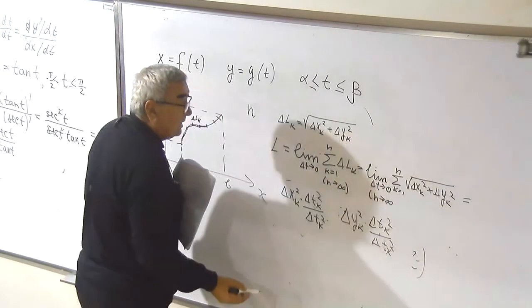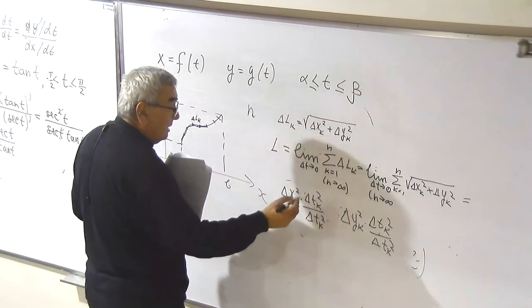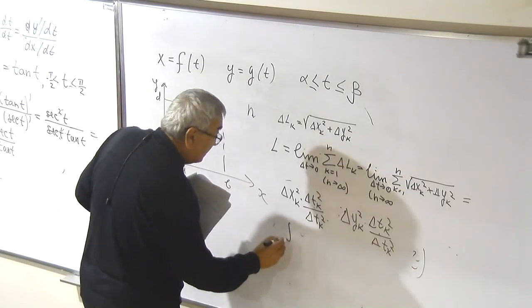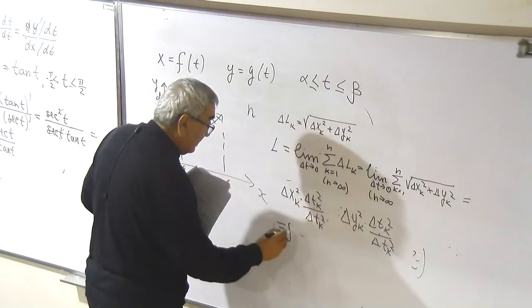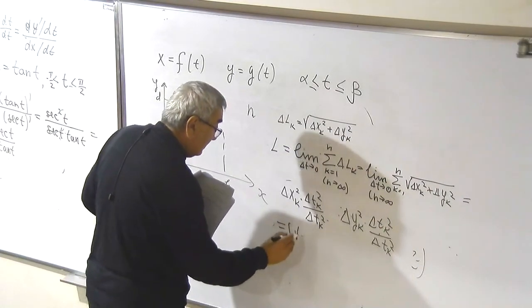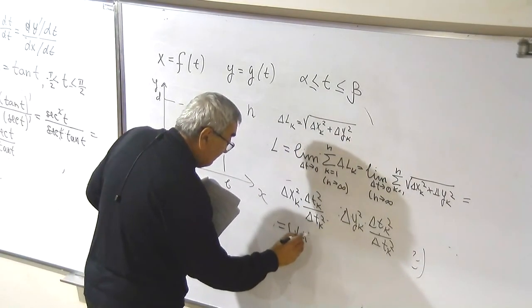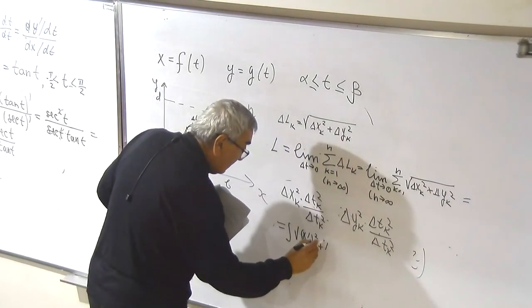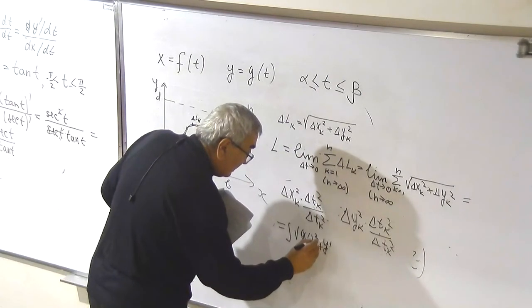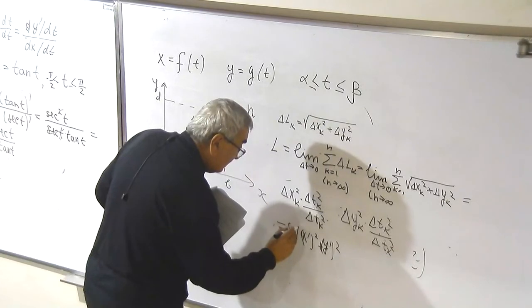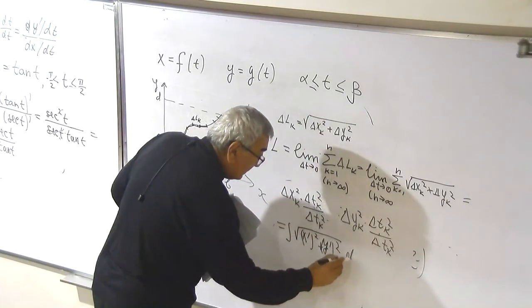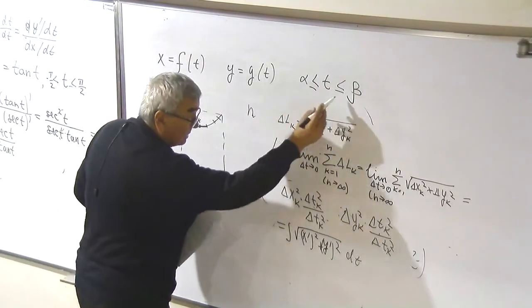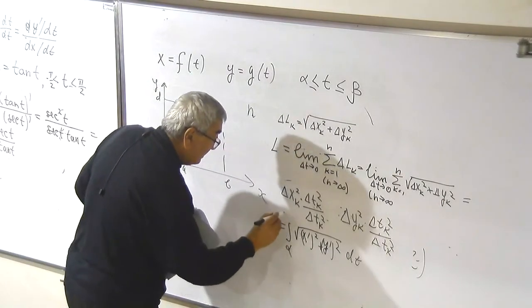And the limit reduces to the following integral: the integral of the square root of x prime square plus y prime square, derivatives over t, dt, with integration over t from alpha to beta.